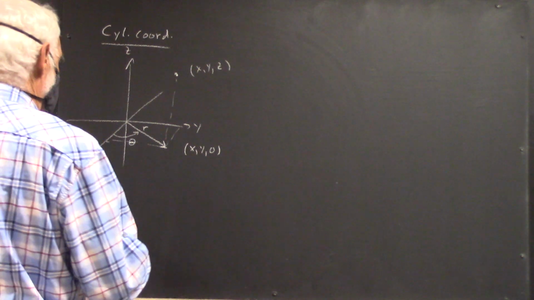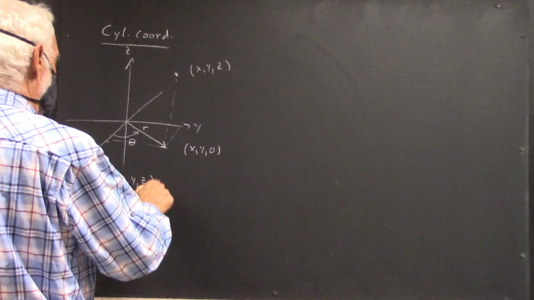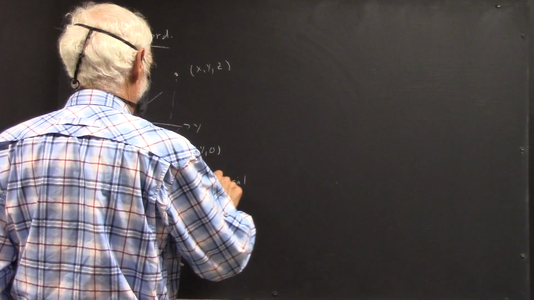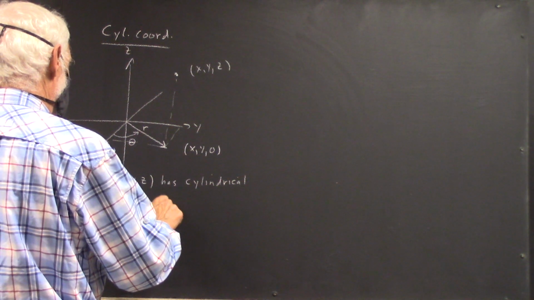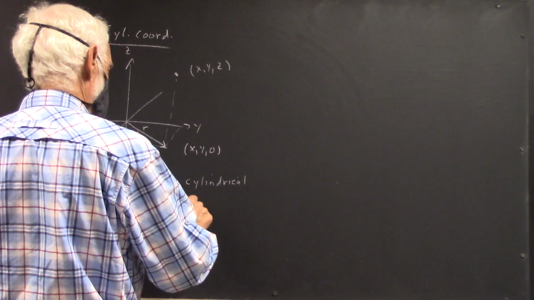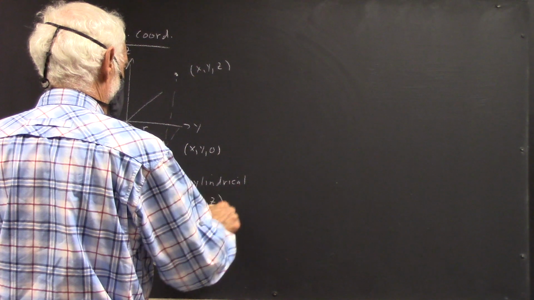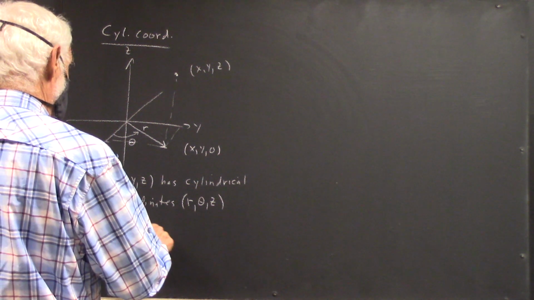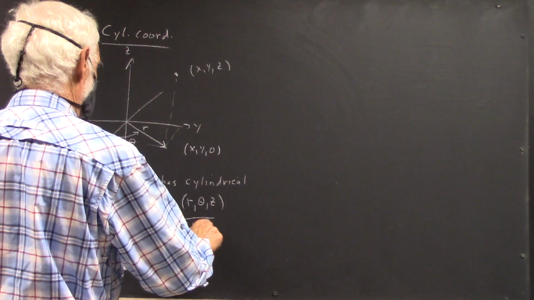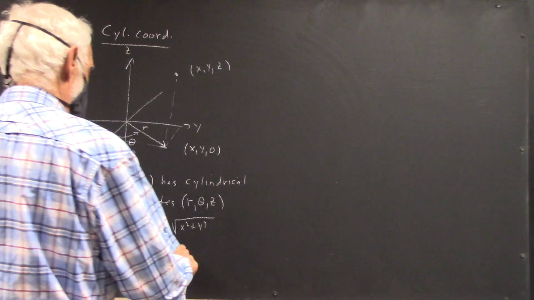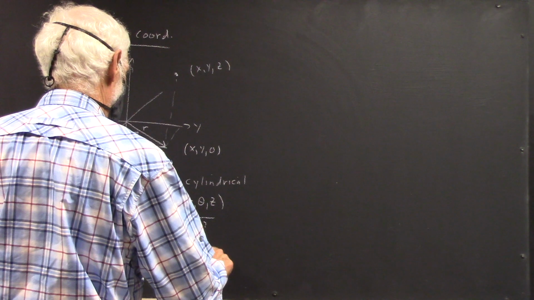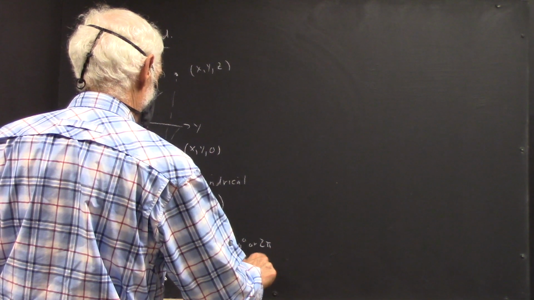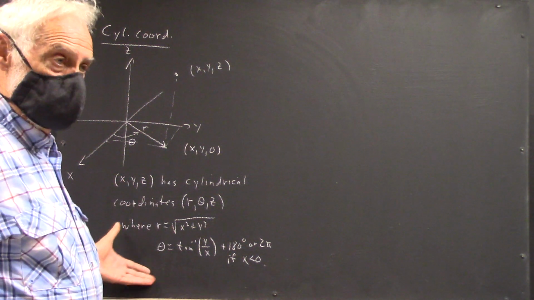So cylindrical coordinates are r, theta, z. So that's what r and theta are.